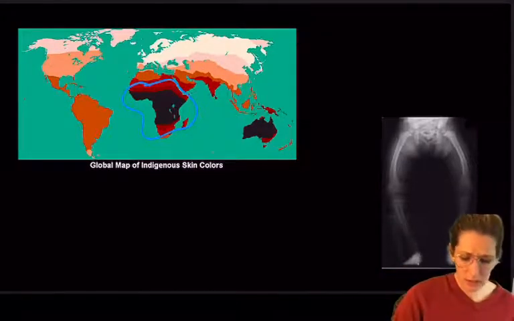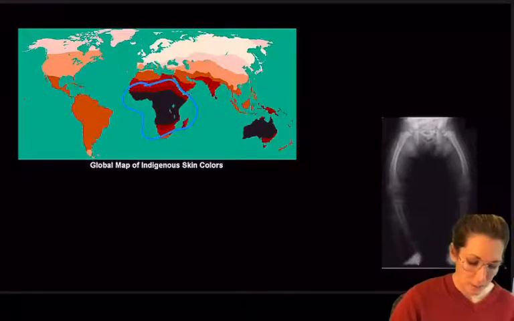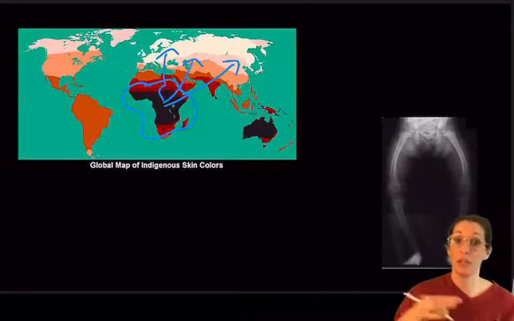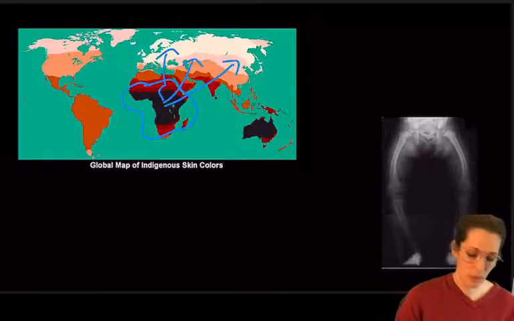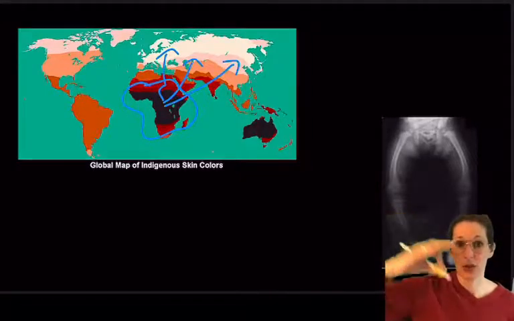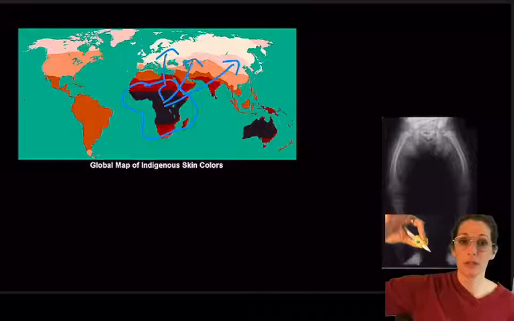But about 60,000 years ago, and this is debated, so you may see other numbers, migration started to happen. There were earlier migrations, but this was a major migration up into northern climes, into northern parts of the world.